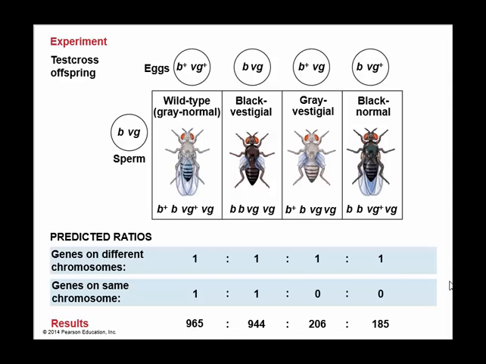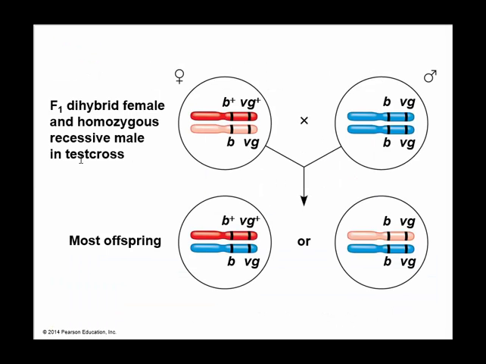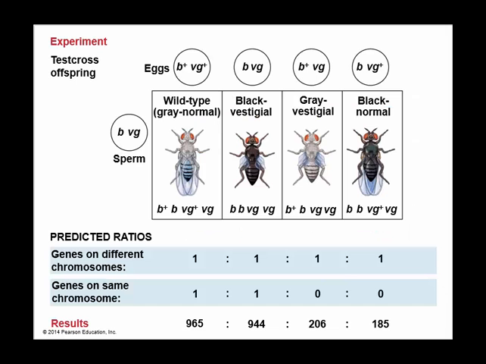So how does that make sense? What's happening here? These genes seem to be linked, but how do we get these other types that shouldn't occur? If we go back to our chromosomes, you can have B plus with VG plus or B with VG, but there's no option here where you have B plus with VG or B with VG plus. We don't see that in any of the offspring, yet here they are.